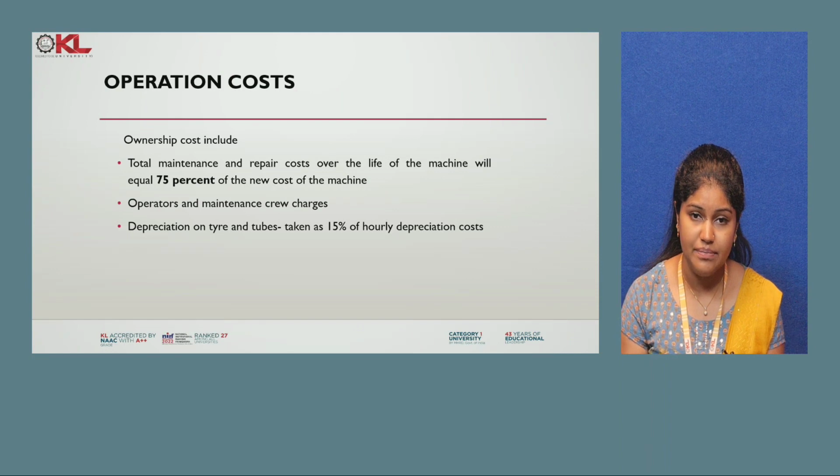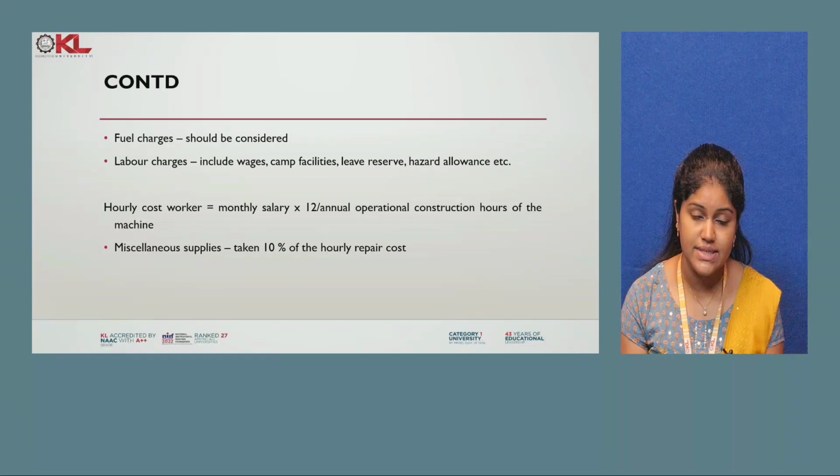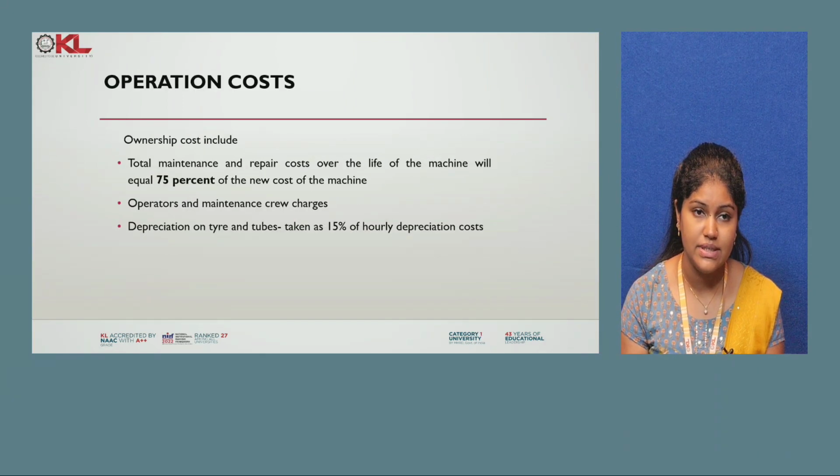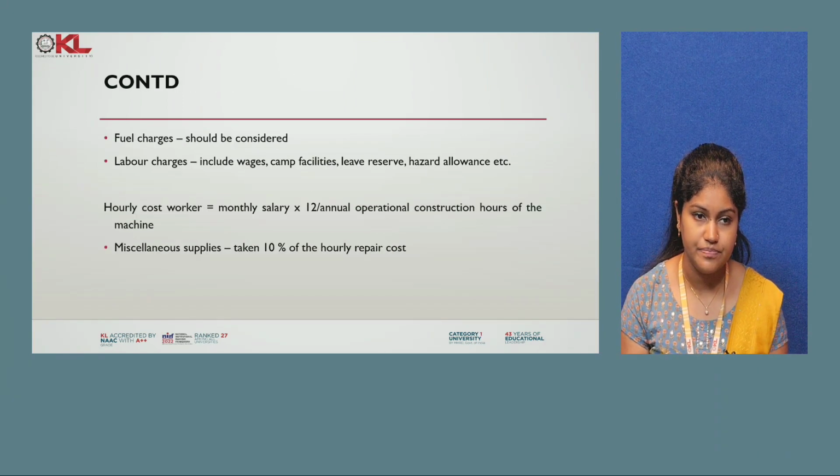The maintenance and repair cost will almost be equal to 75% of the cost of purchasing a new equipment. The operator, crew charges, tire and tube depreciation, fuel charges, labor charges, everything comes under the operation cost.